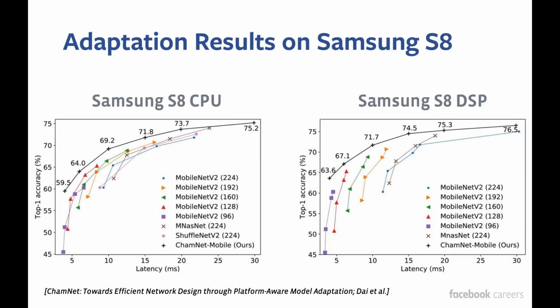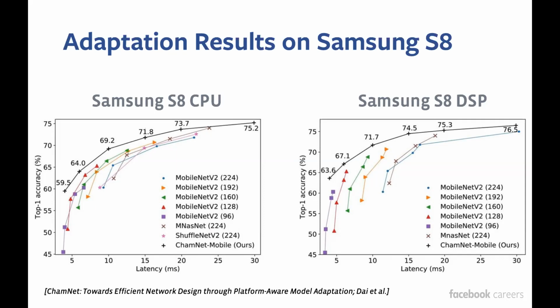If we look at just the last point, where you focus on just 4 milliseconds, we have much higher accuracy. CPU is one situation for the hardware. We can also run it on the DSP device. If you use DSP, typically you have a better kernel to run the convolution, so you get a little bit better performance compared to the CPU.